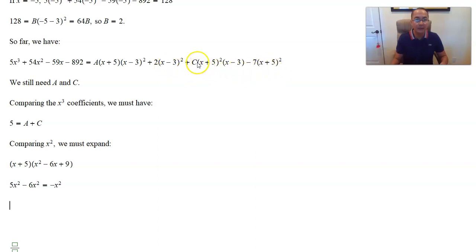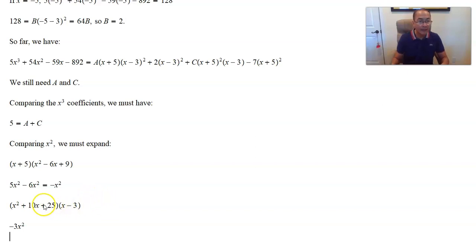So this one we have to work for. And we just have to be organized. So x plus 5 squared is x squared plus 10x plus 25, times x minus 3. So the x squared terms, we're gonna get x squared times minus 3, so that's minus 3x squared.